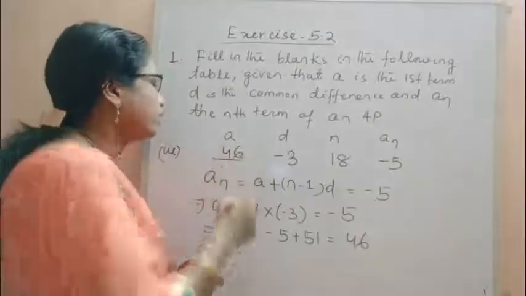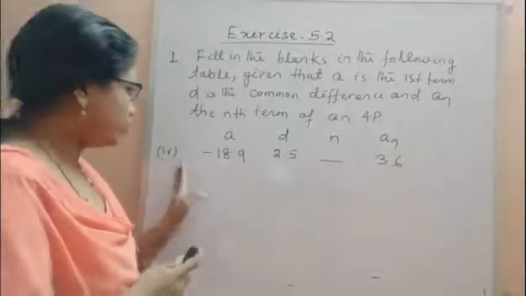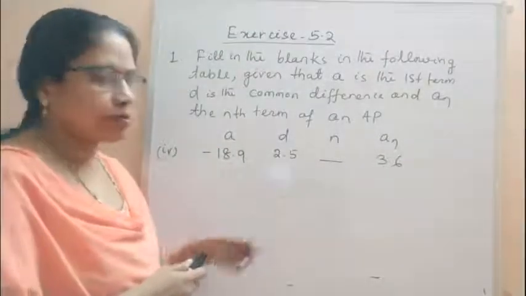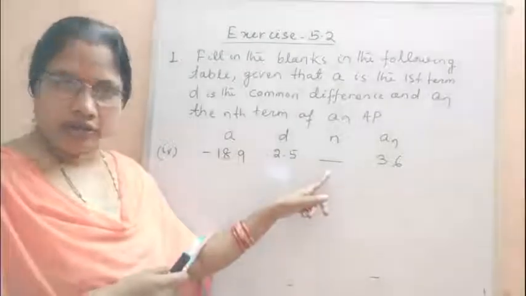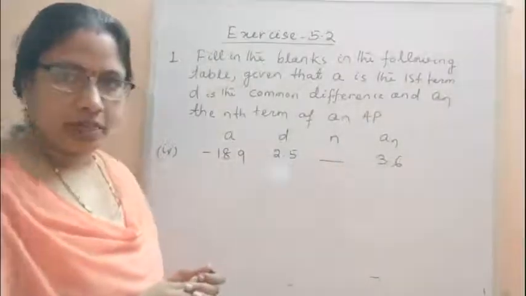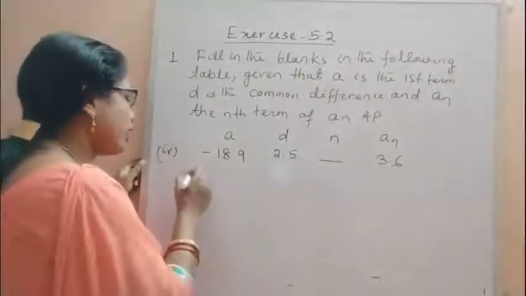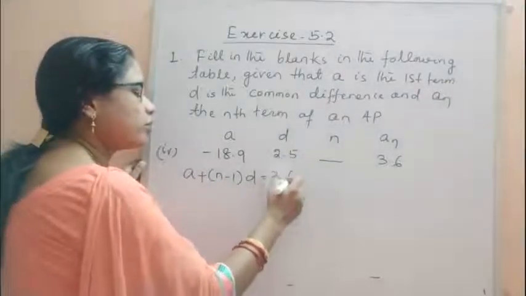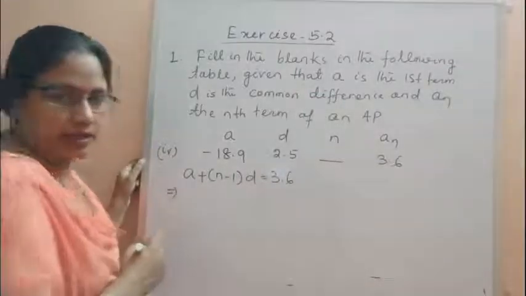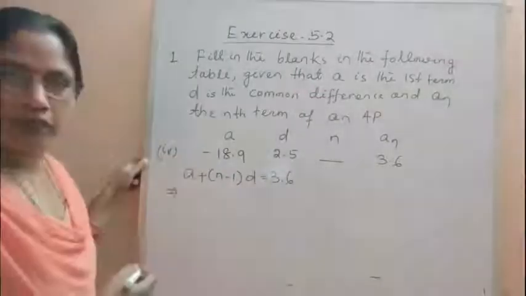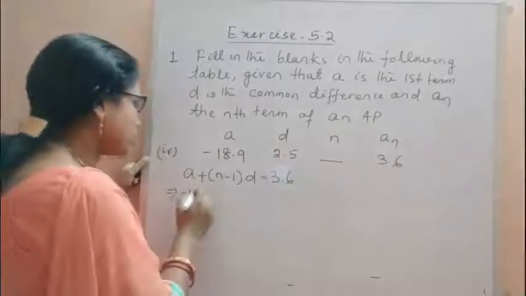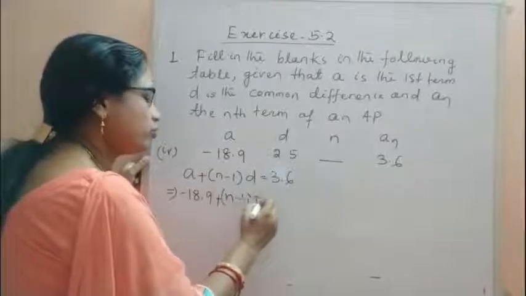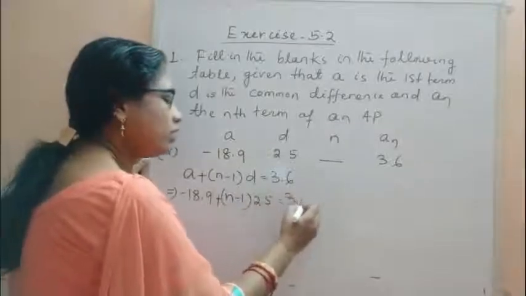So here you write a is equal to 46. Fourth bit, a is minus 18.9, d is 2.5, n is not given, we have to find it, and an is 3.6. So we know a plus n minus 1 into d is equal to 3.6. Now we'll put the values of a and d. So minus 18.9 plus n minus 1 into 2.5 is equal to 3.6.